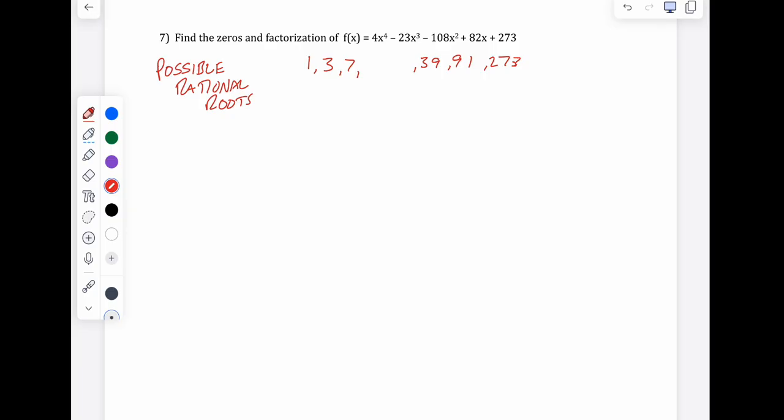I didn't do 9. 9 doesn't work, 11 doesn't work. 13 works. 13 and 21. 17 doesn't work. 21, if I try 21, I'll get 13 again. I think that's all of them.